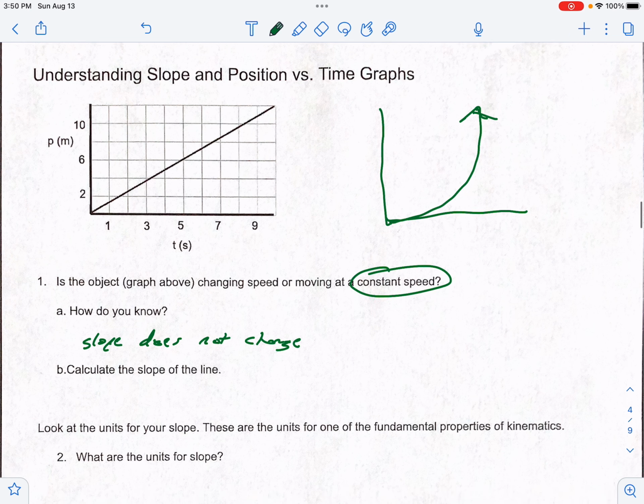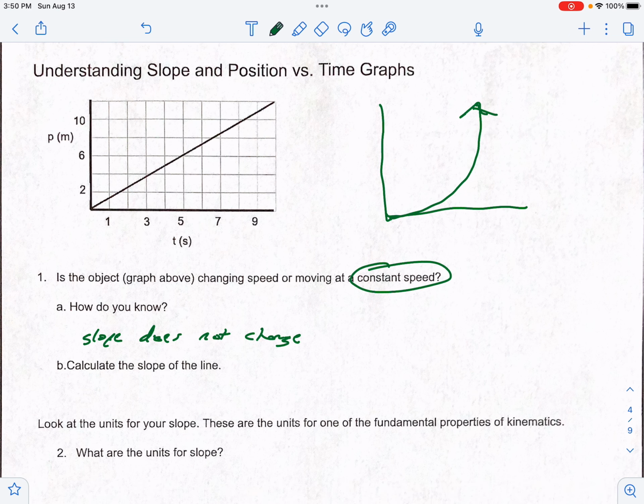Then it says calculate the slope of the line. All you have to do is pick out two points on the line. I used 5, 6 and my origin, 0, 0. If you thought the 3, 4 point was close enough, that would be fine, because our slopes would be pretty close, and if your math was all there, we're not going to mark off for that.